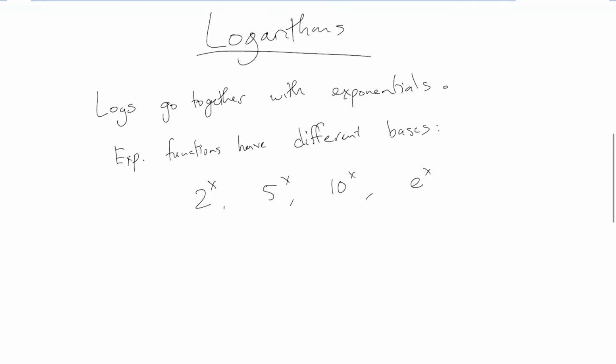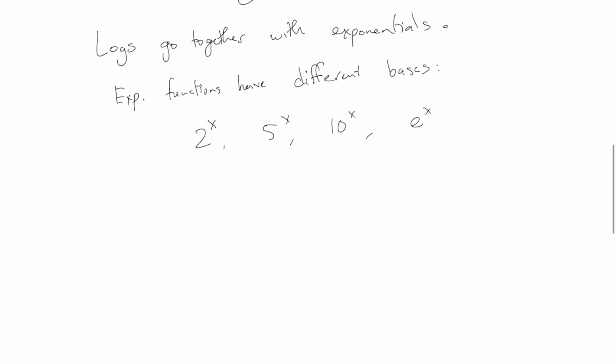In the same way, there are different logarithms with different bases. Every exponential function goes together with a logarithm, and the logarithm is the inverse or the reverse of an exponential function, but I'll get to that in a moment. Every logarithm has a base, and there's no such thing as the logarithm.